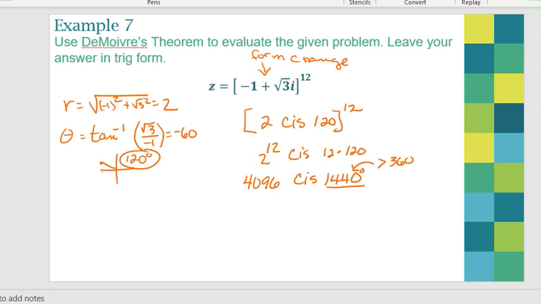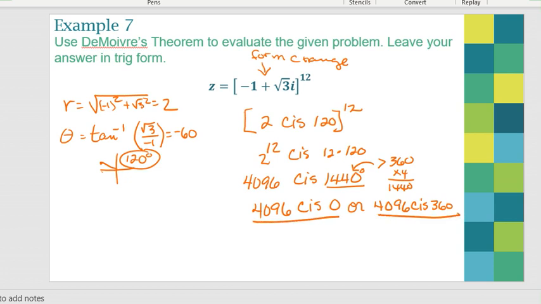And there's something interesting that comes out, because 4 times 360 is 1440. All right. So that means this goes all the way down to 0 or 360. So your final answer is 4096 cis of 0, or I would have to accept 4096 cis 360. 360 and 0 are in the same location. So either one of these are correct.